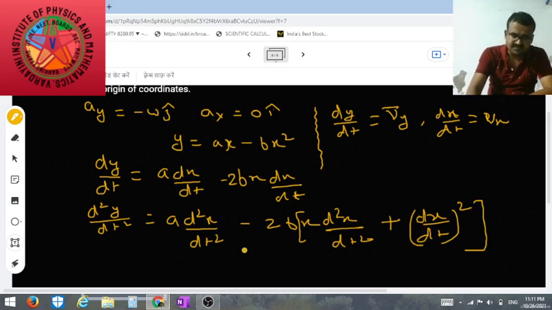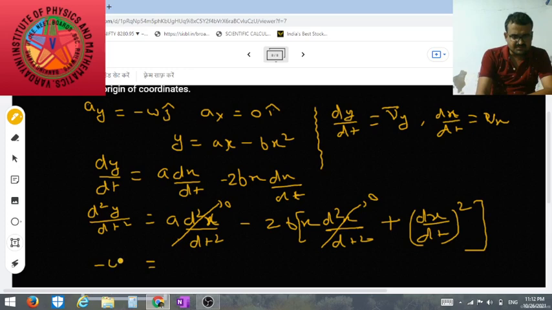Now here you can see that acceleration in x direction is 0, and acceleration in y direction is minus w. Just by having the basic understanding that double differentiation of the x coordinate gives the acceleration in x direction, we can clearly say that there is no acceleration in x direction, so this term will be 0, and definitely this term will also be 0. Now just put the values.